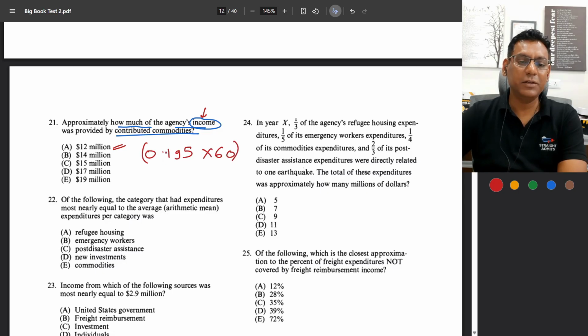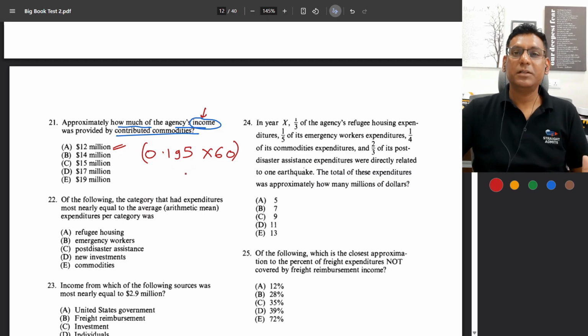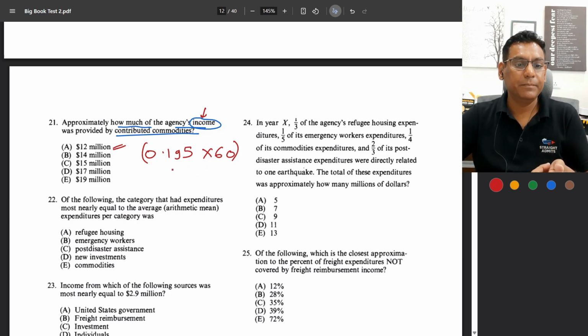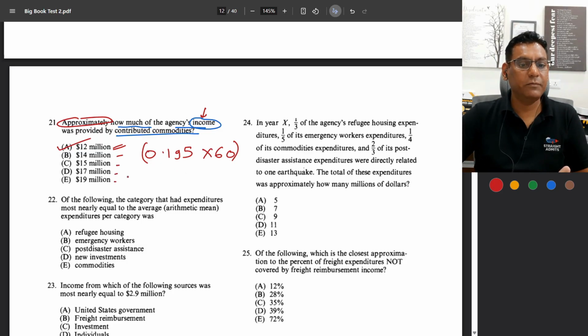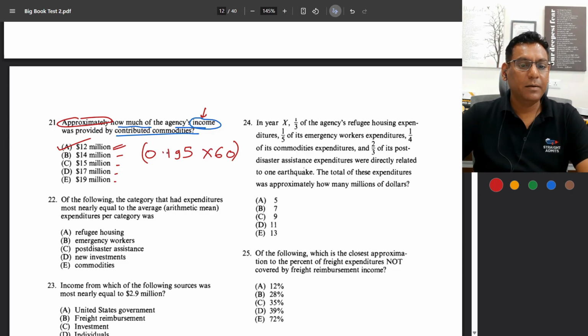Now you can do the calculation, but the simple way is that 19.5% is close to 20%, which is 1/5. 1/5 of 60 is going to be what? 12, right? So approximately this answer is going to be somewhere close to 12. The other answer choices are way too big, right? If it was something like 11.5, 11.8, then probably I would have had to get into this. But they are asking approximately, so this is fine.